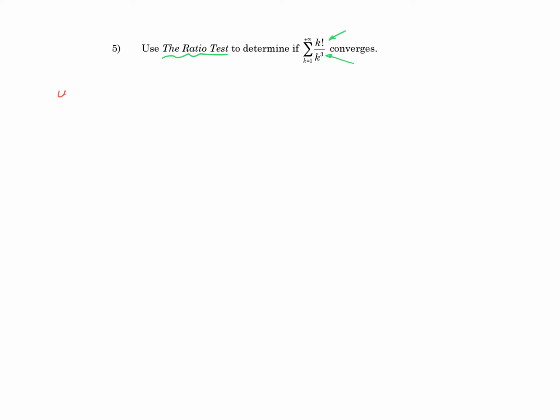As a reminder, we have the k plus first term and the kth term. The kth term is simply the general term as given to you in the series. And the k plus first term is simply a k plus 1 substitution in for k. So we have k plus 1 factorial over k plus 1 quantity cubed.